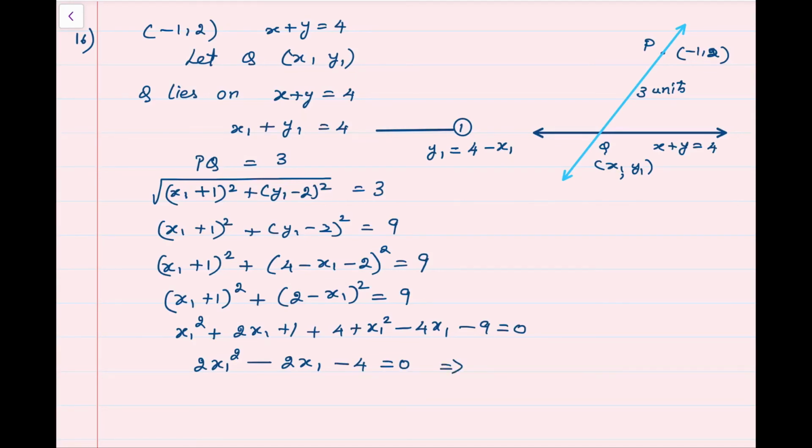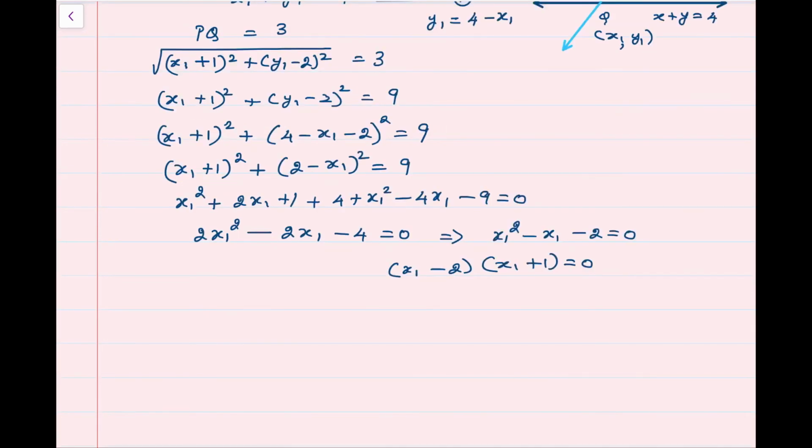We will divide the equation by 2 and let us factorize. (x1 - 2)(x1 + 1) = 0. We get two answers for x1. x1 is equal to 2 and x1 is equal to -1.